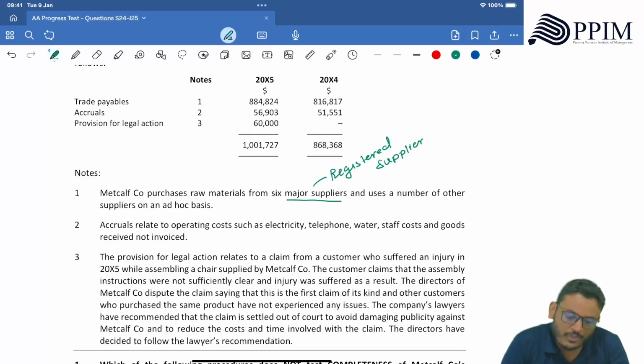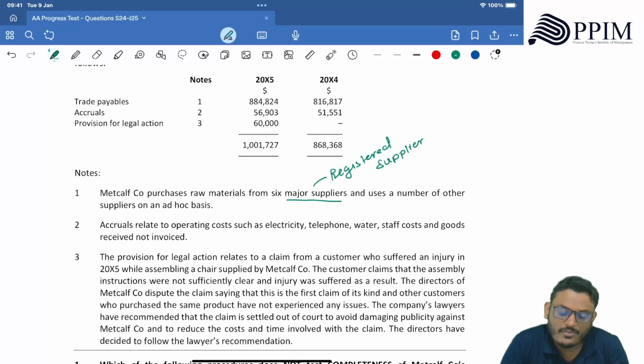The provision for legal action relates to a claim from a customer who suffered an injury in 2005 while assembling a chair supplied by Metcalf Company. The customer claims that the assembly instructions were not fully or sufficiently clear and injury was suffered as a result.